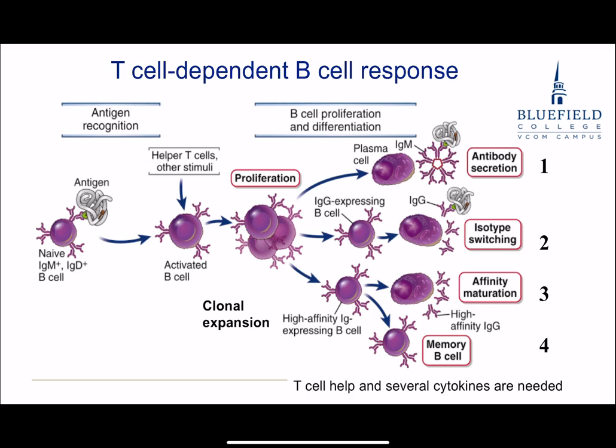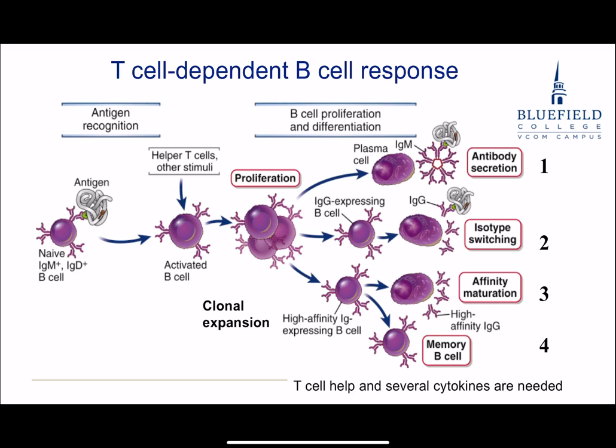They're all making exactly the same antibody, and that leads to a really efficient humoral immune response. At the end of the process, when the bacteria or parasite or whatever is gone and there aren't antigens left over, most of the plasma cells end up dying by apoptosis, and we keep a few memory B cells in case we run into that same infection again.